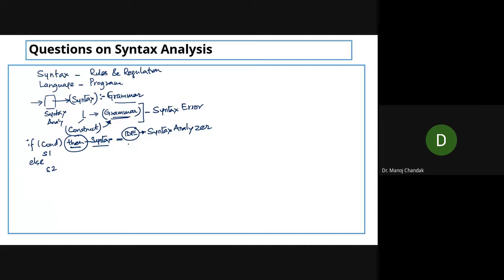For example, if you use NetBeans or Visual Studio Code, all these IDEs already have an integrated syntax analyzer. They help you check: if you just type if, there will be a prompt.